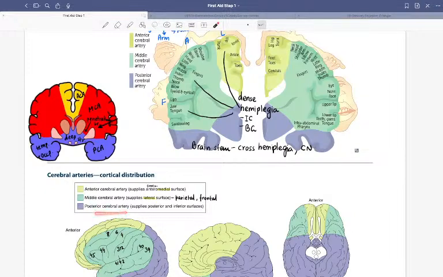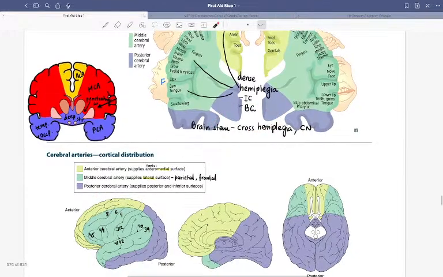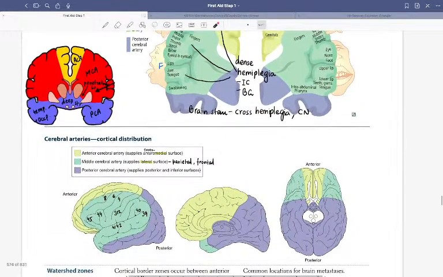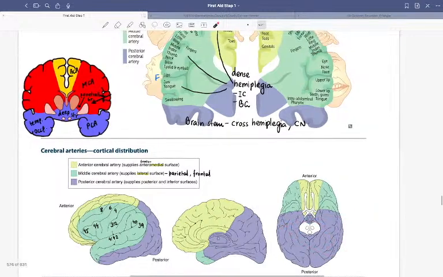Posterior is simply the brainstem and the occipital lobe. So much of the occipital lobe is posterior, so we have more importance here. Okay, so lateral surface we understood. Now medial is all anterior, frontal and anteromedial.